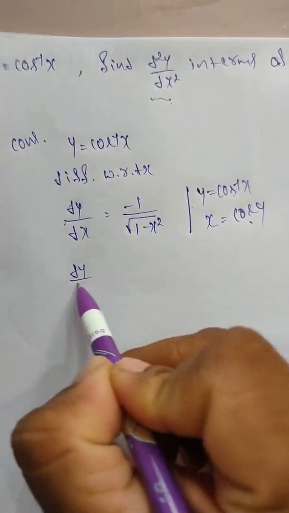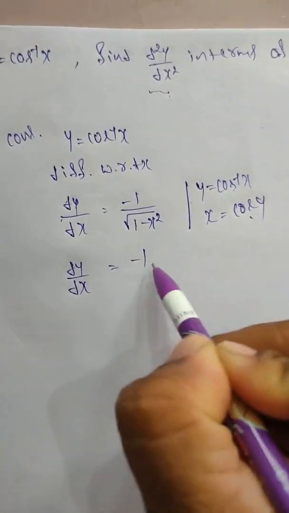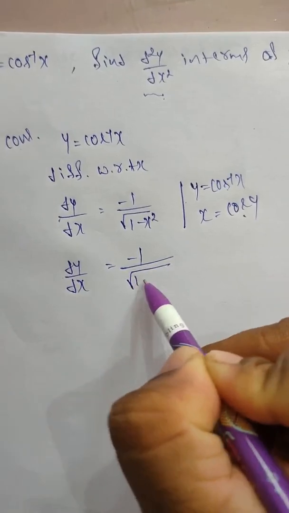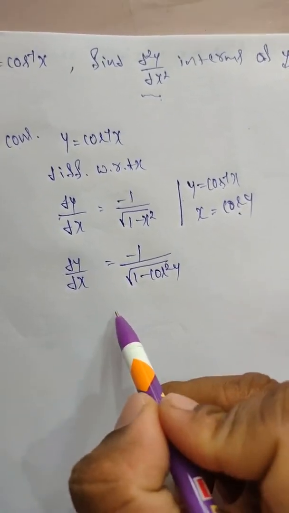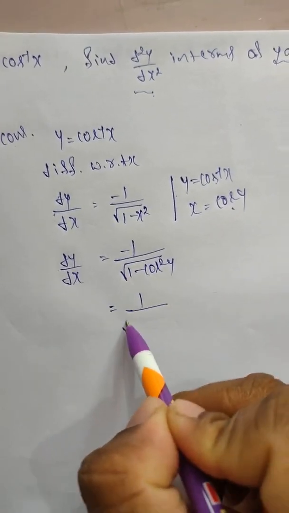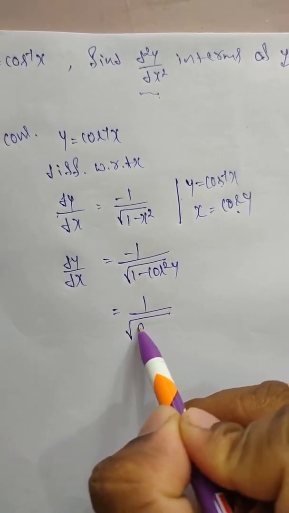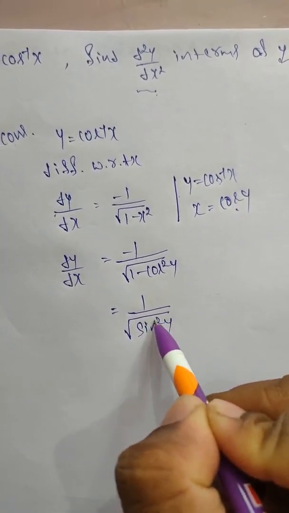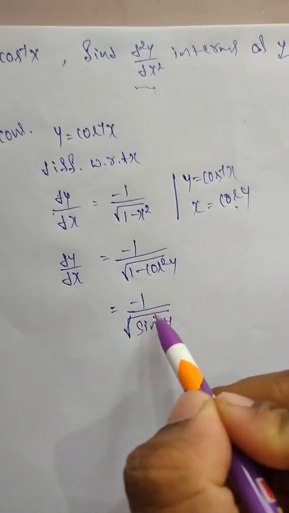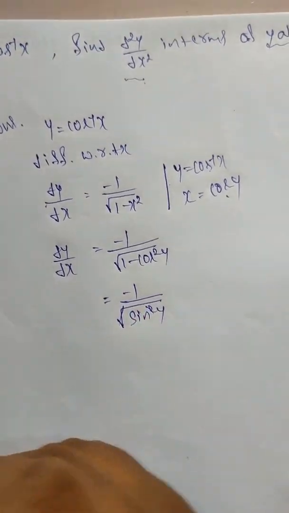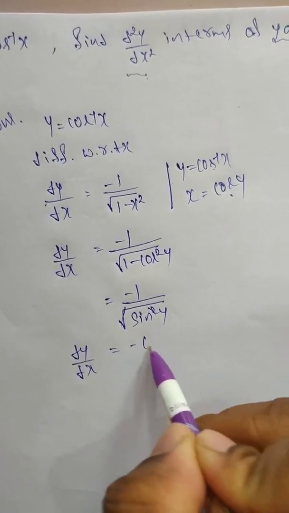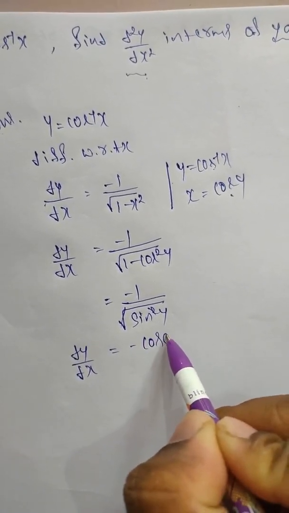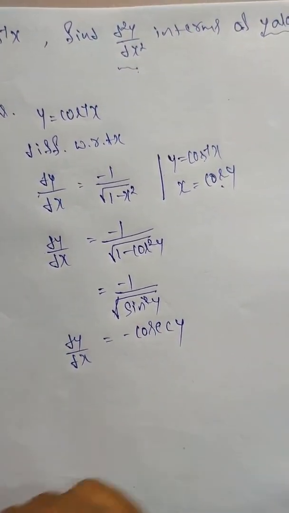So dy by dx is equal to minus 1 by root of 1 minus cos square y. What is 1 minus cos square y? We know already that 1 minus cos square y is sin square y. Square and root cancel. Now we are left with 1 by sin y. What is 1 by sin y? Minus cosecant y.